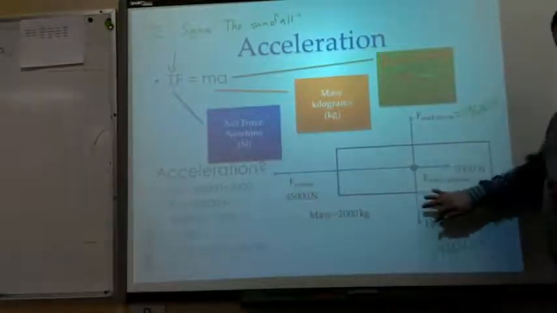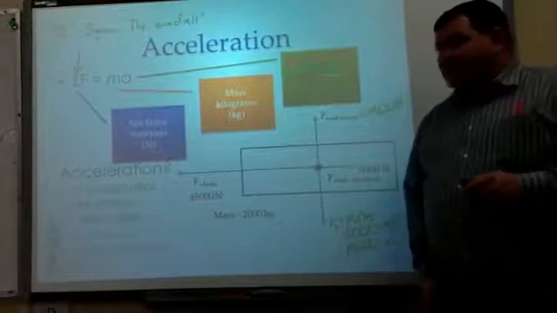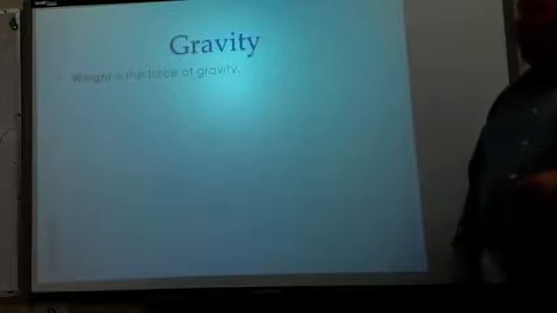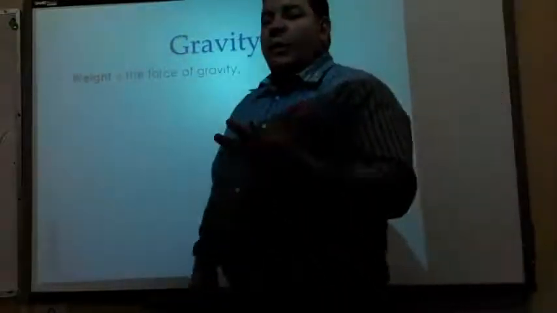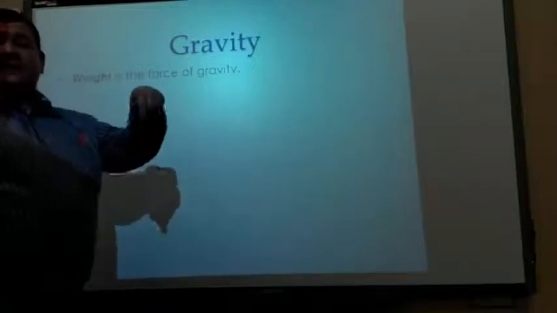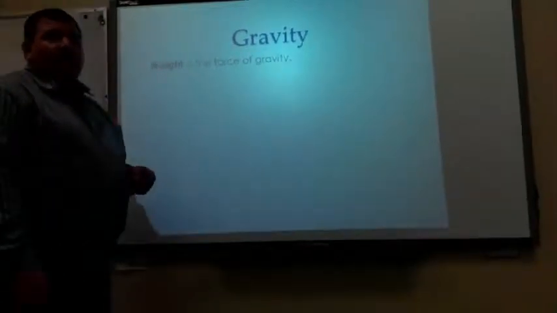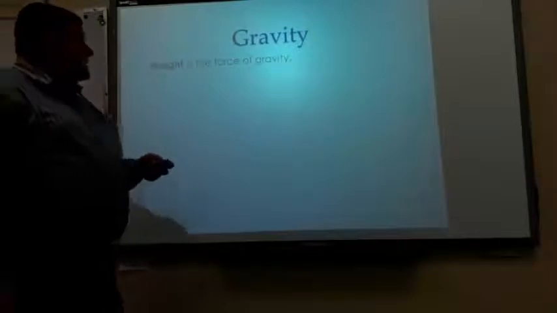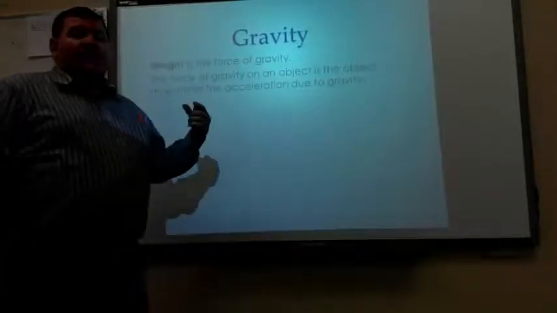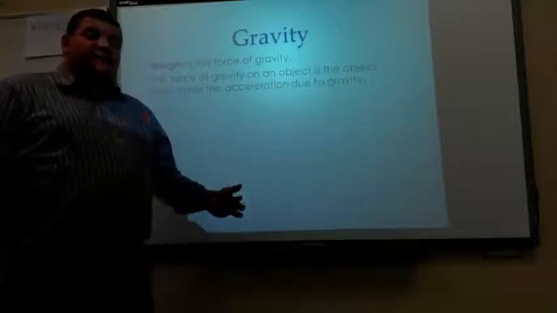Let's talk about this gravity a bit more, because I kind of glossed over that. The force of gravity is weight. So how much something weighs is how much gravity is pushing down on that object. We got force equals mass times acceleration. So the force of gravity, the weight, is that object's mass times the acceleration due to gravity.